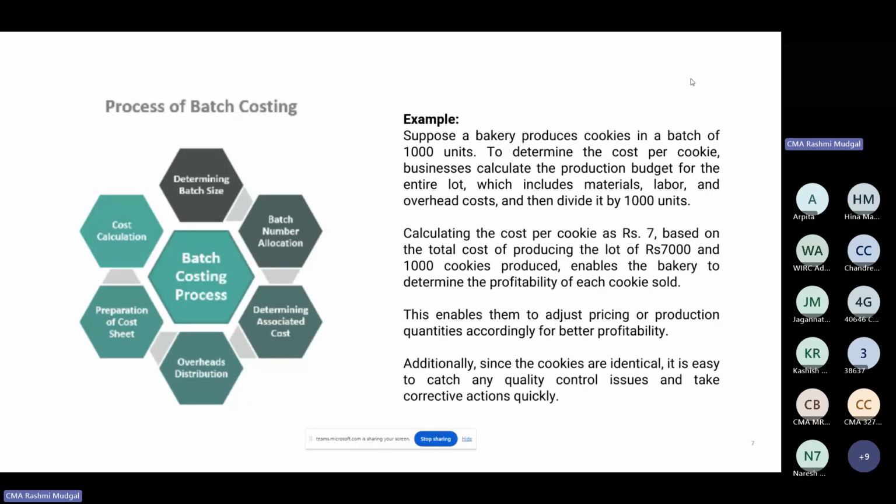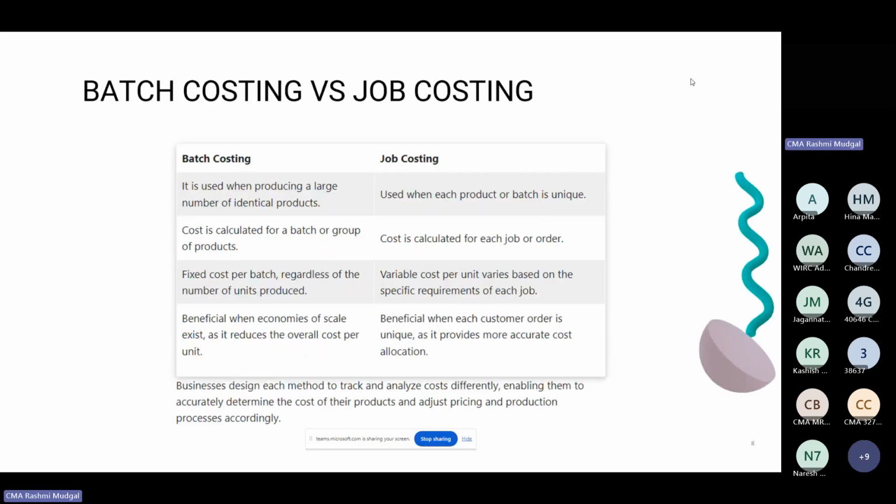What is the difference between job costing and batch costing? The first difference is that a batch is a large number of identical goods, but in job costing each product is unique. Both are different in number as well as in the uniqueness of the product.